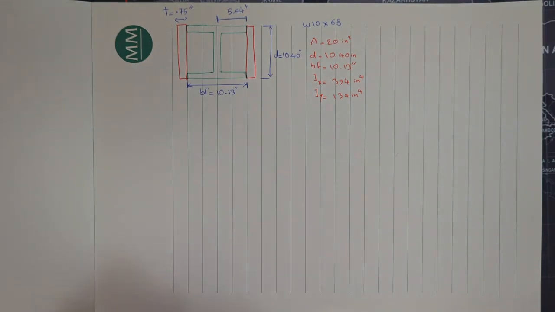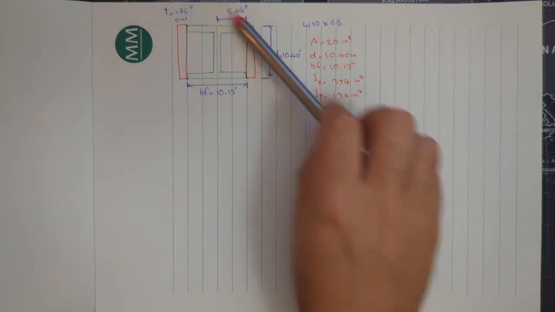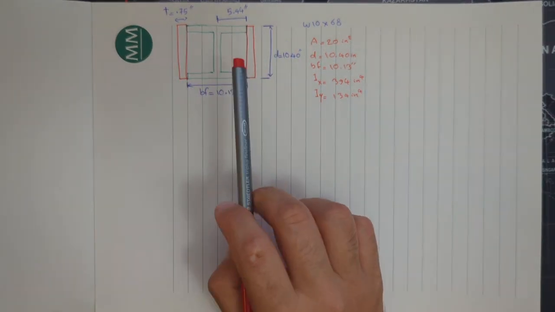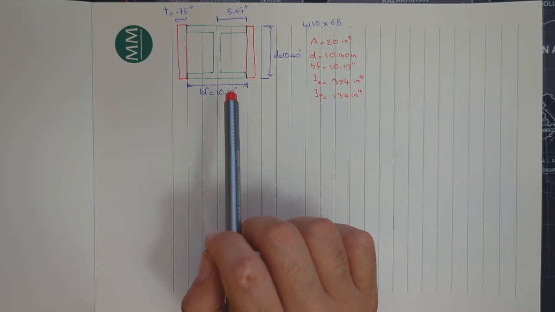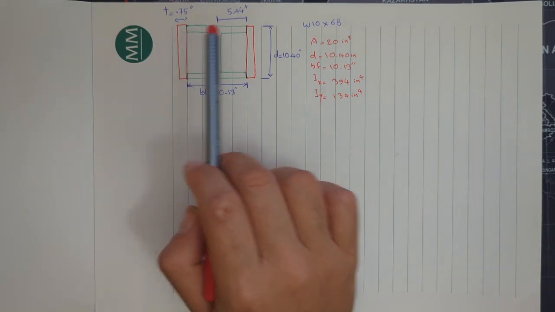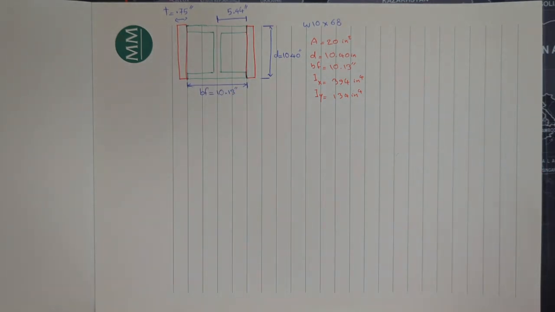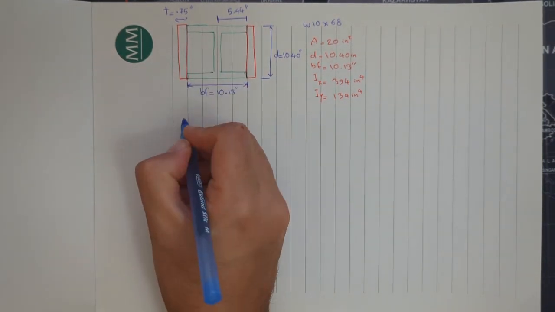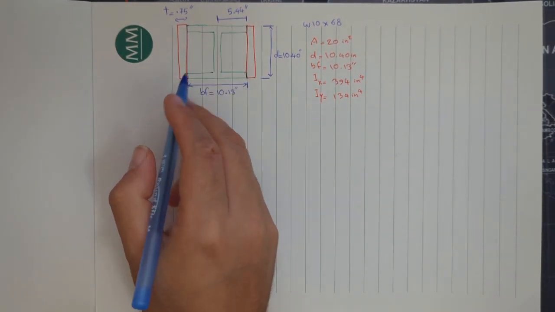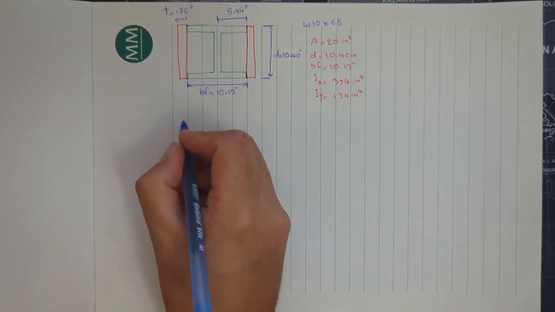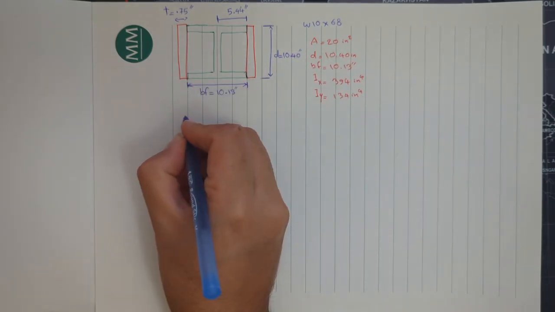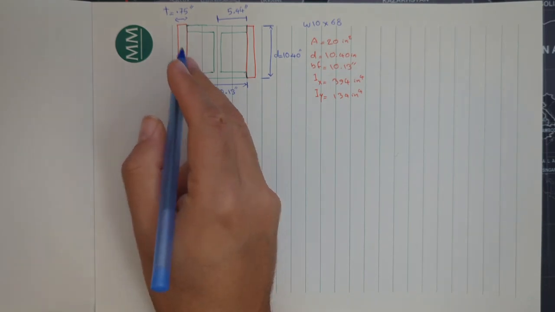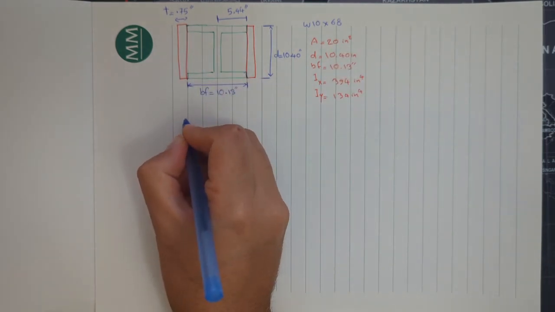First we need the moment of inertia of the whole thing. Since we have the moment of inertia of the I-beam, we have to calculate the moment of inertia of these two steel plates. I'm going to calculate the moment of inertia of each one, and if we multiply it by 2, it's going to be the moment of inertia for both.